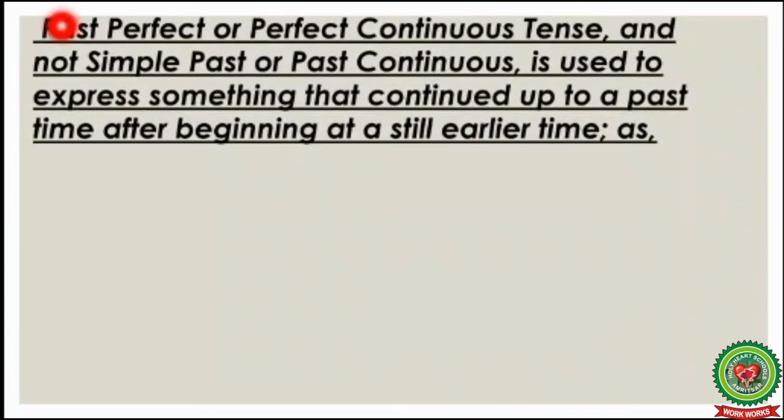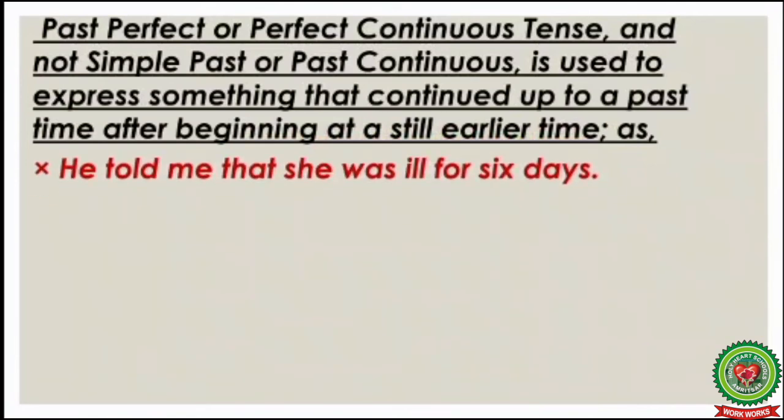Now, past perfect or perfect continuous tense, and not simple past or past continuous, is used to express something that continued up to a past time after beginning at a still earlier time. Students, let's take an example. He told me that she was ill for 6 days.